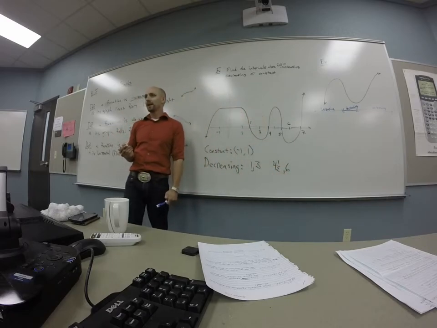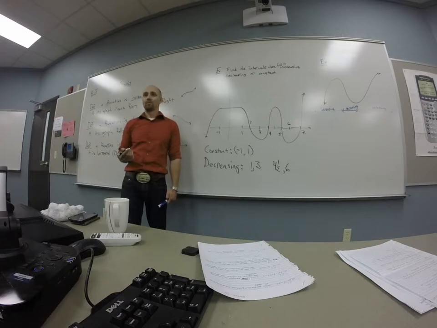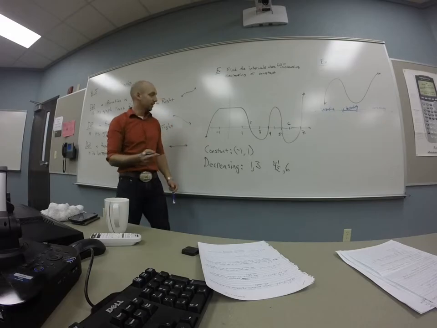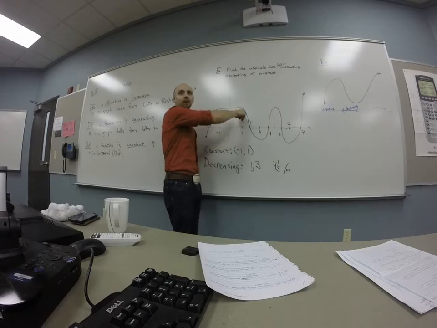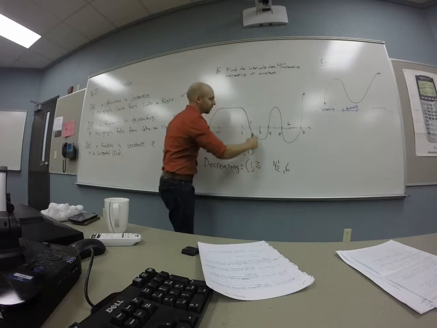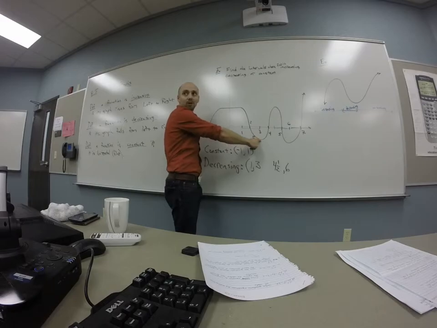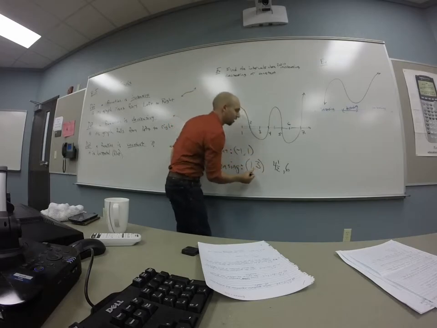Okay, what kind of brackets do they get? Soft brackets, because, right, here at 1, I'm constant on this side and decreasing on that side. That means I'm not decreasing there, right? At 3 here, I'm not constant. I'm decreasing on one side and what on the other? Increasing. So it's not decreasing there.